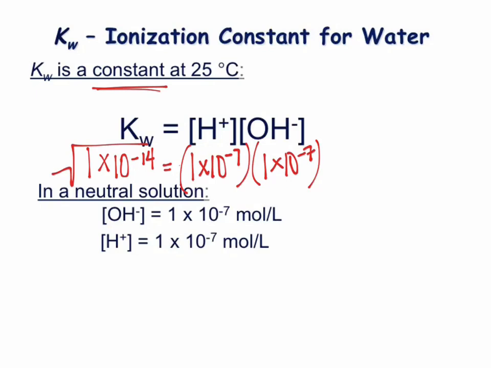Okay? So I can ask you, hey, here's a solution. It has a hydrogen concentration of 4.2 times 10 to the minus 8. What's the hydroxide concentration? Knowing that they always have to equal 1 times 10 to the negative 14, then you can tell me what the unknown is.